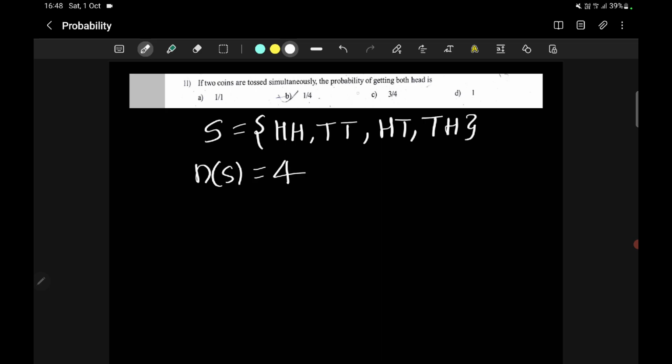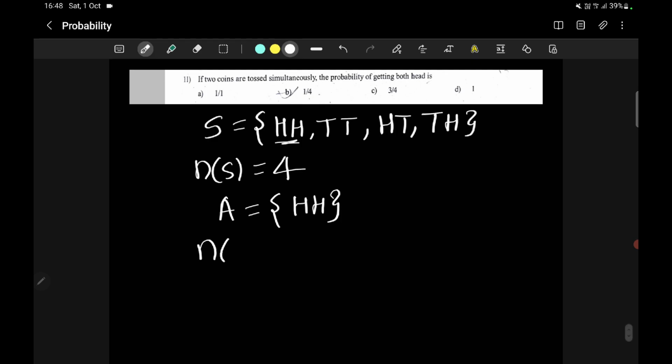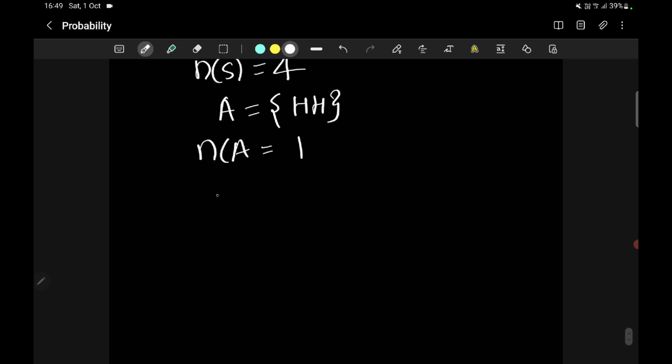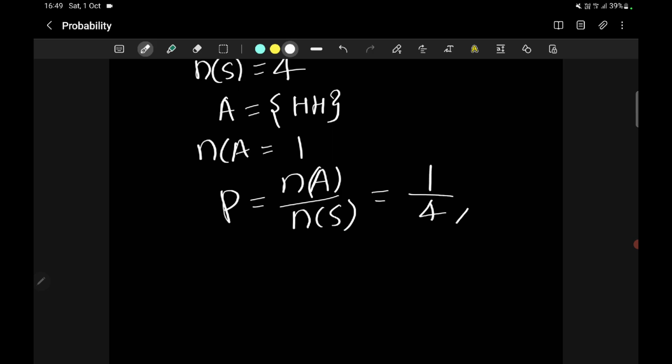And now the event, the probability of getting both heads is HH, number of events is equal to 1. Therefore probability is equal to number of events divided by number of sample space, that is 1 divided by 4.